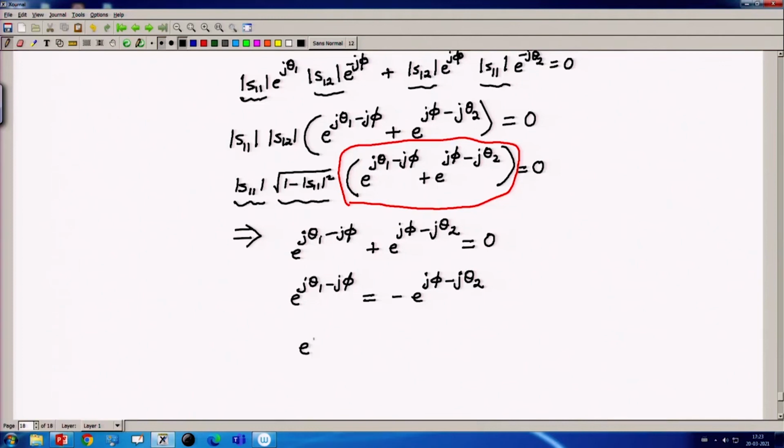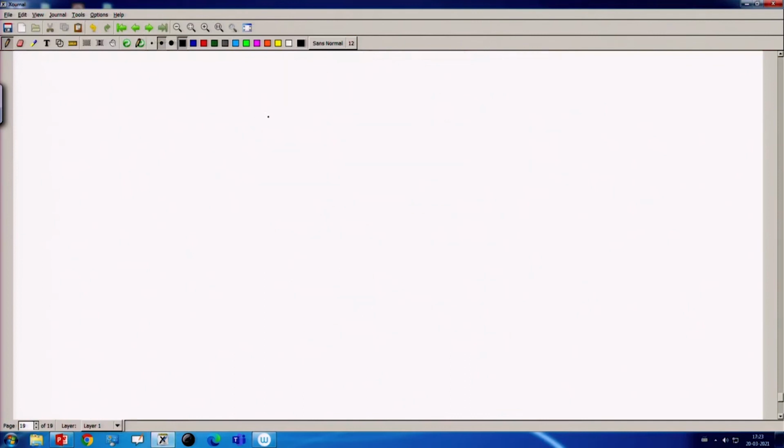And from here it is a simple exercise to say, and then I can express this thing by a division.